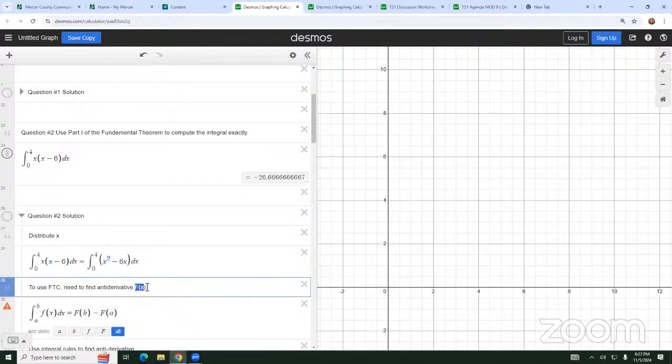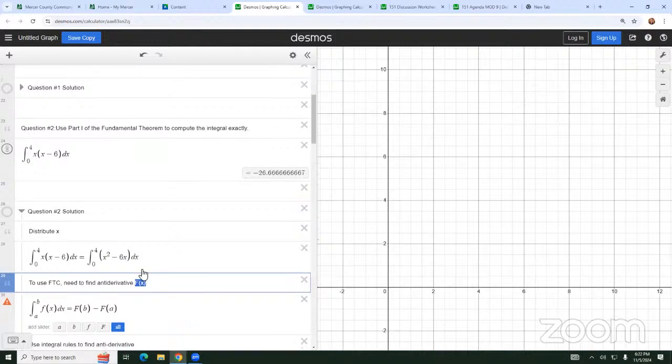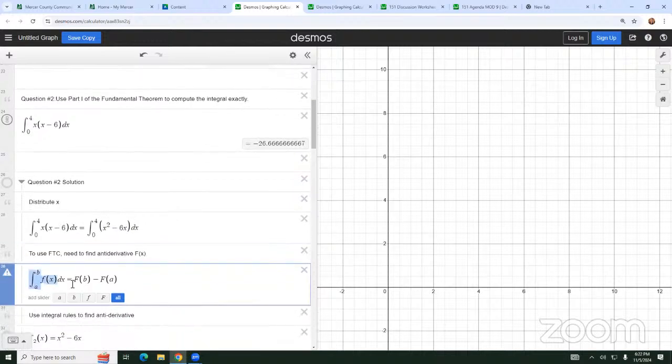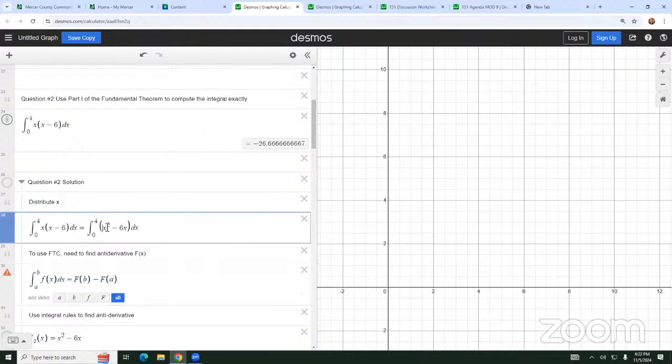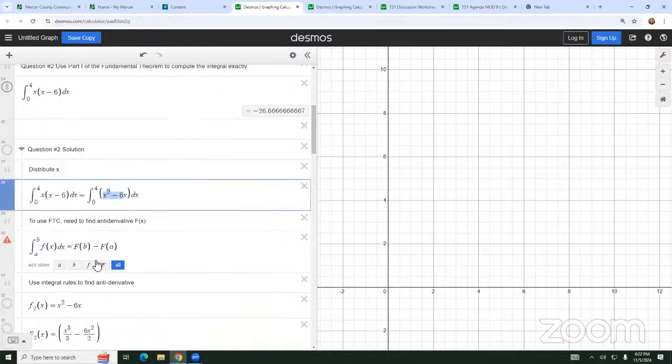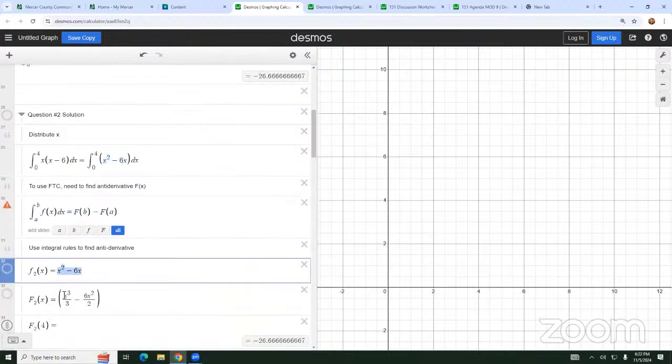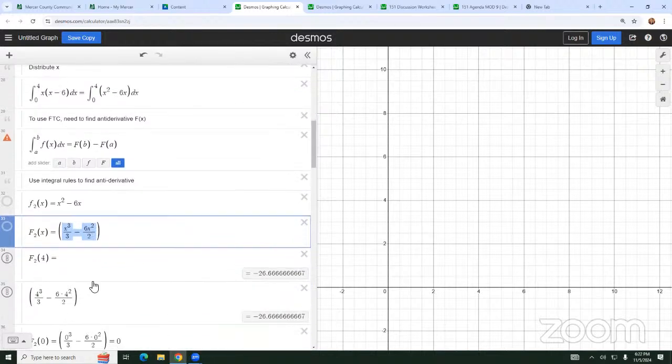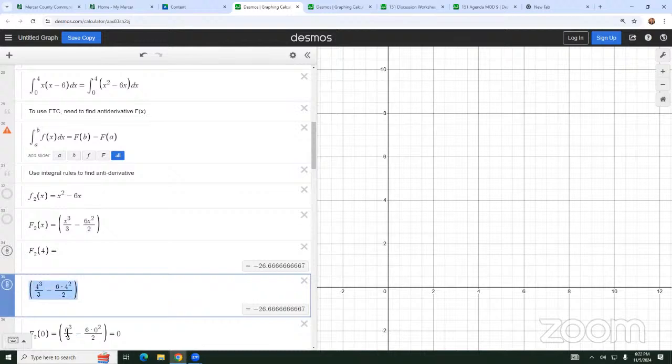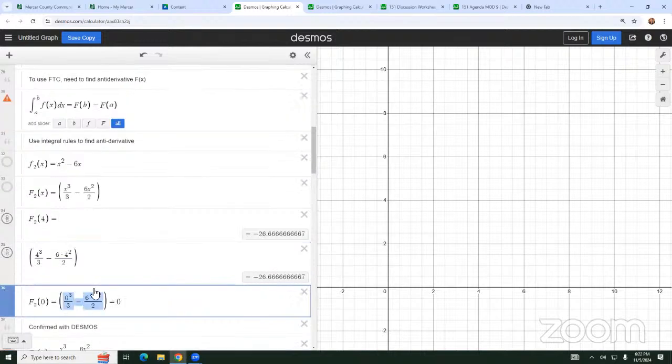So you find the antiderivative of x squared minus 6, which is x cubed over 3 minus 6x squared over 2. Okay. And then you're going to evaluate that at 4 and at 0, and you're going to subtract them.